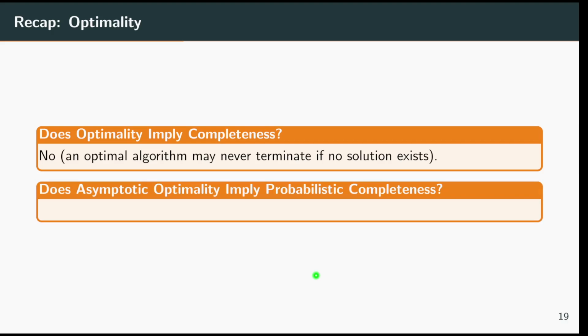What about asymptotic optimality? Does this imply probabilistic completeness? I agree.